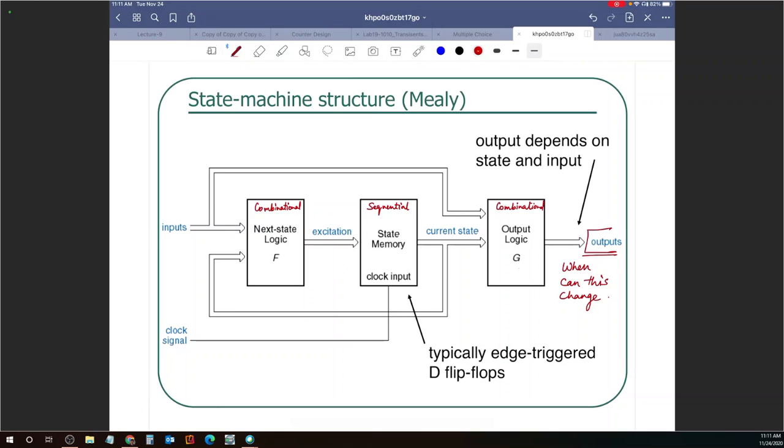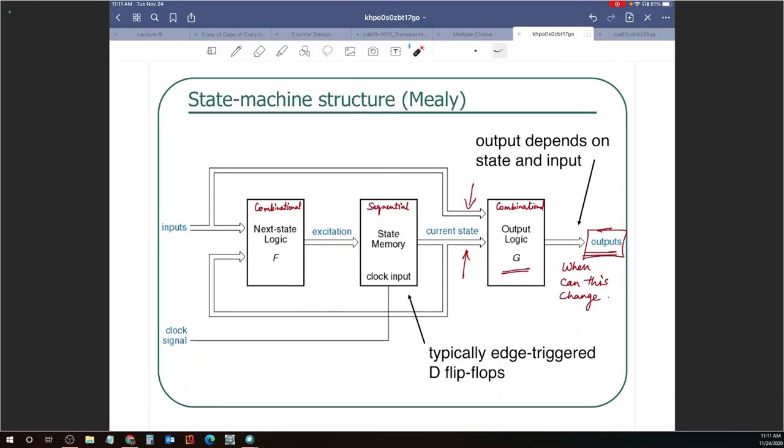Now, if you look at this, the combinational block has 2 types of inputs. One is directly coming from the inputs to the machine, for example, the nickels and the dimes. And the other type of input is from the sequential elements of our state machine, which are D flip-flops.